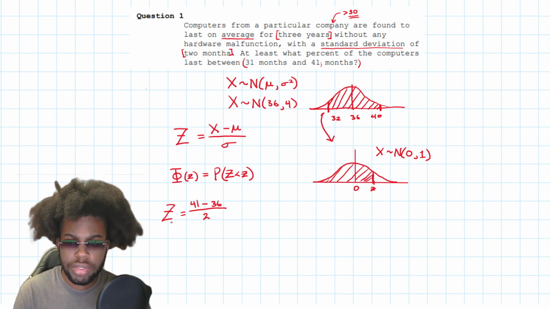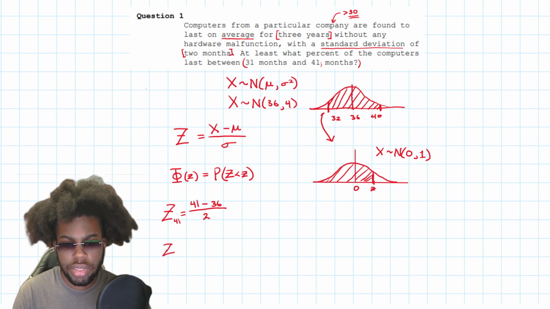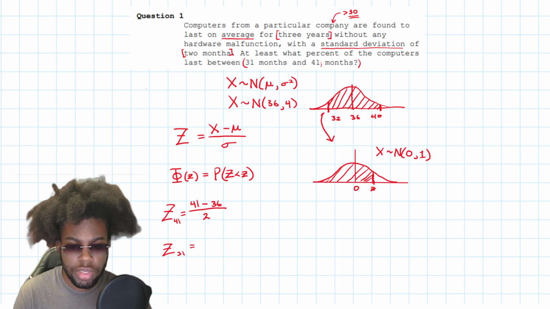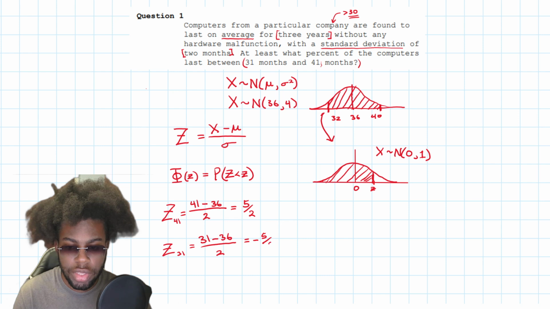Let's call this z subscript 41, and then let's look at z subscript 31, which is going to be equal to 31 minus 36 all upon 2. This is going to be equal to negative 5 over 2.